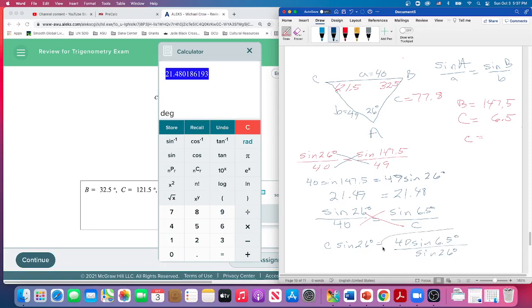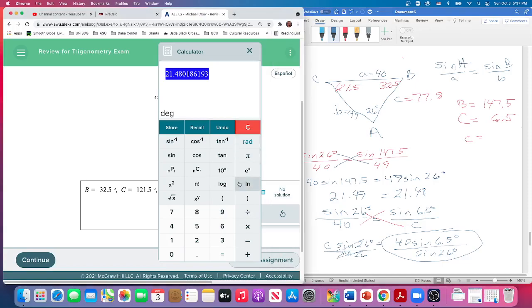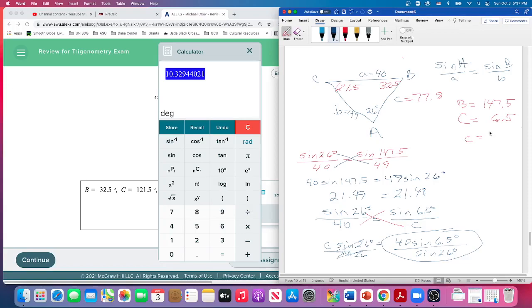We just need to calculate 40 times the sine of 6.5 degrees divided by the sine of 26 degrees, and we get that c is going to be 10.3. We can round because it's just nearest tenth for the final answer.